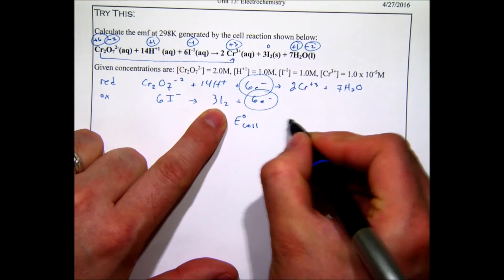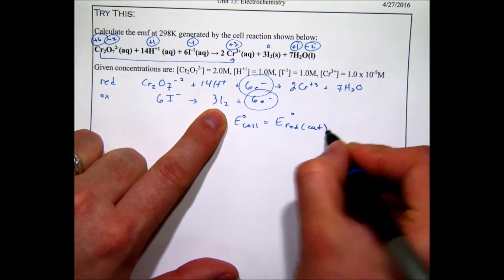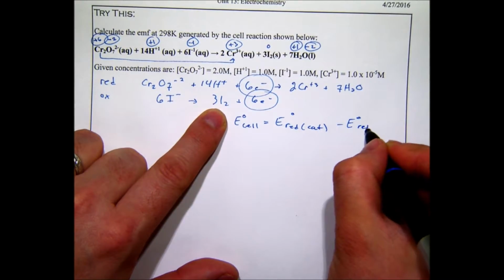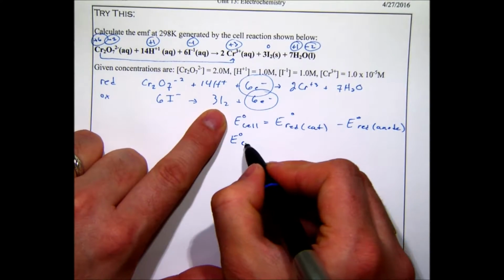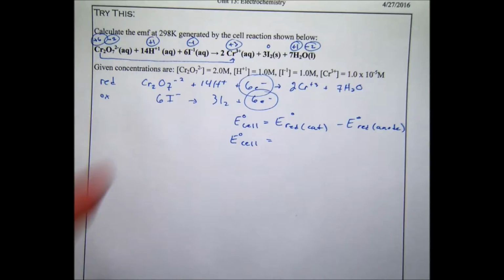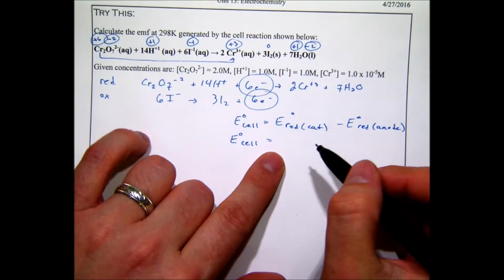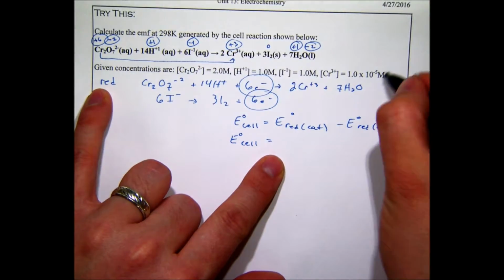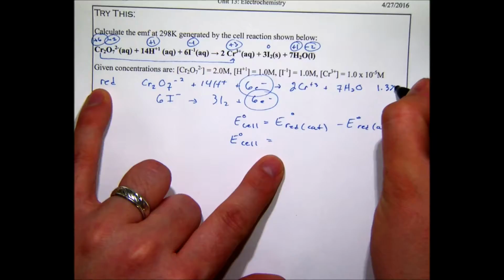The standard cell potential is equal to the reduction potential at the cathode minus the reduction potential at the anode, Ecell. So, you should probably get these values. The reduction potential for this is 1.33 volts.